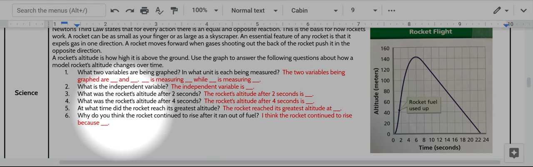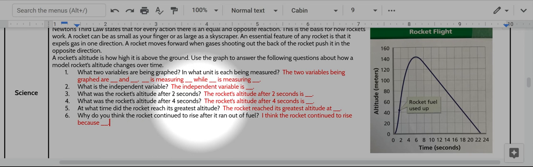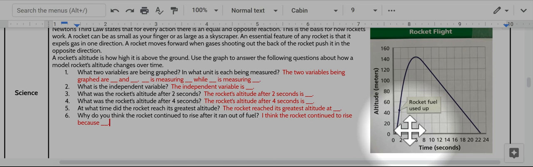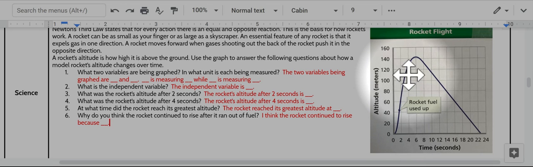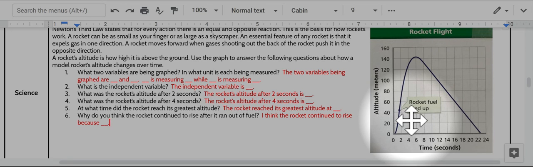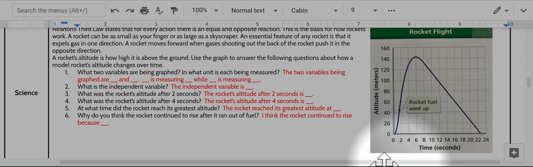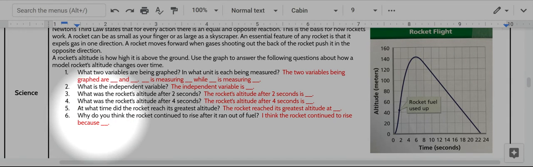Number 4, what is the rocket's altitude after 4 seconds? Let's go here to the 4. And 4 seconds. Keep going up, up, up. Okay. And what do you see as the altitude at 4 seconds? And I've got the top tip of the pointer on that one. So that would be question number 4.